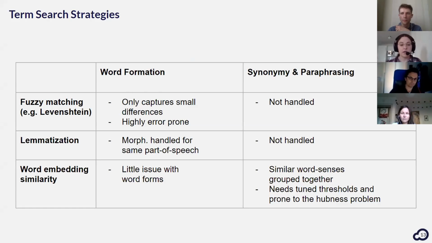A naive approach might be to use fuzzy matching. With fuzzy matching, you use something like Levenshtein distance, and you basically just allow a small number of changes between the word in the glossary and the word that you're looking at in the source sentence. There are a few problems with this approach.